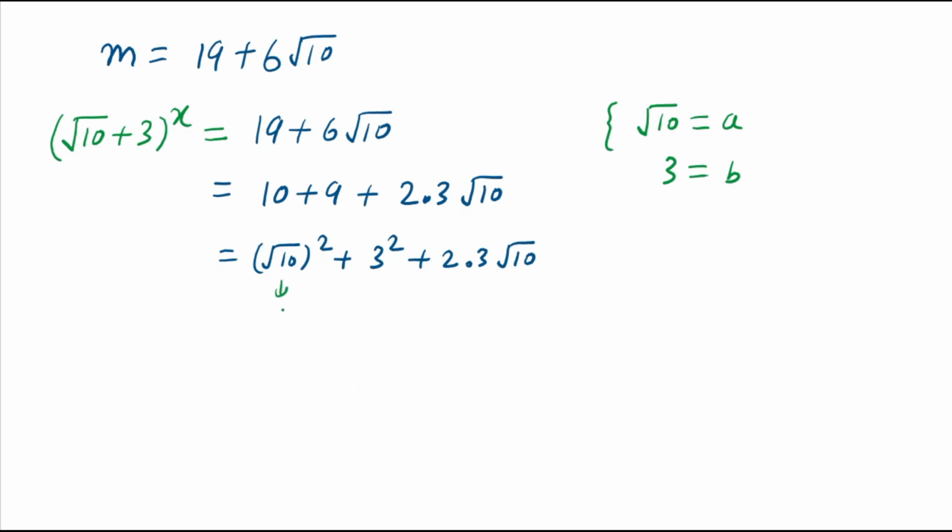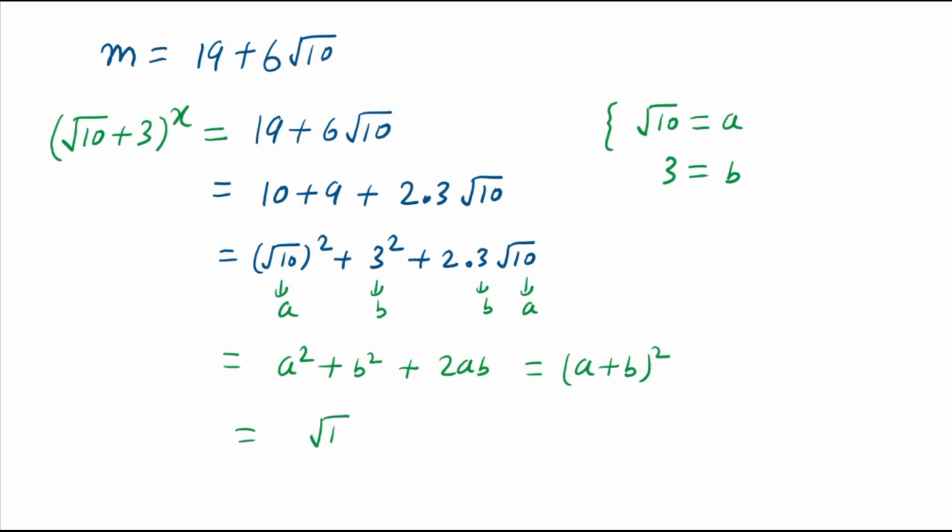Then this expression is a squared plus b squared plus 2ab, and this is equal to (a plus b) whole squared. The value of a is square root of 10 plus the value of b is 3, to the power 2.